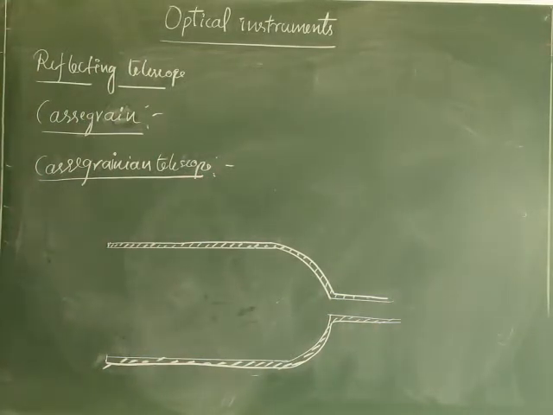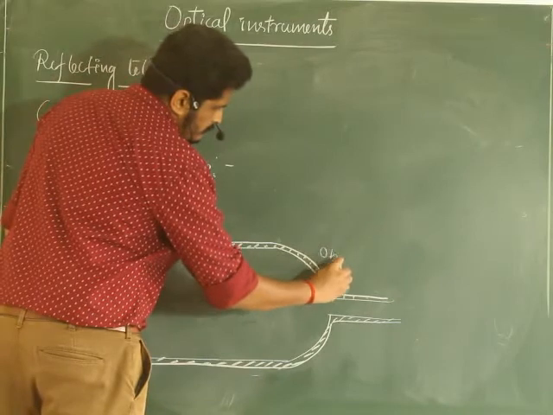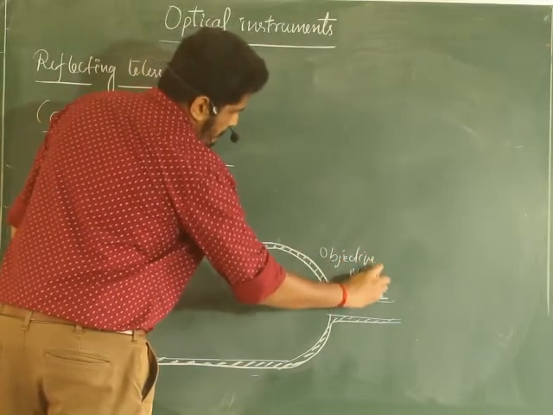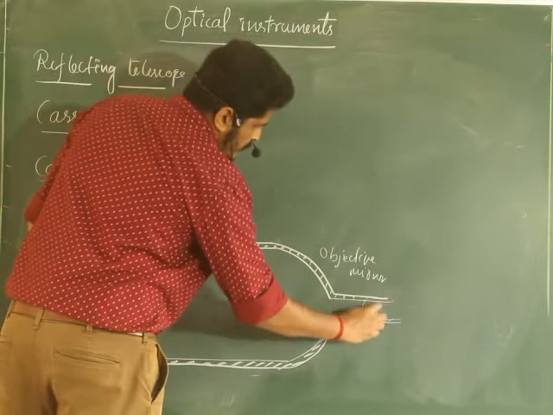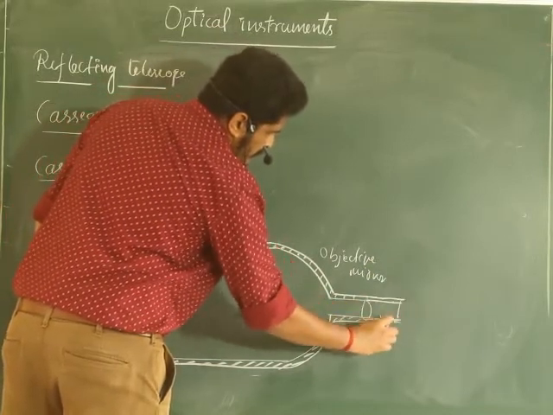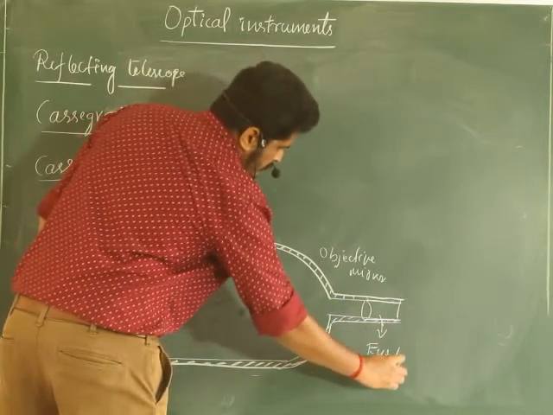So next, the entire thing, that is the objective mirror. So there will be a cylindrical shaped object here. Just take this one, this will be the eyepiece.